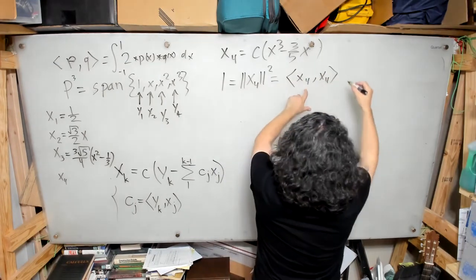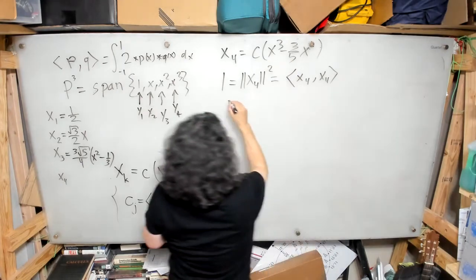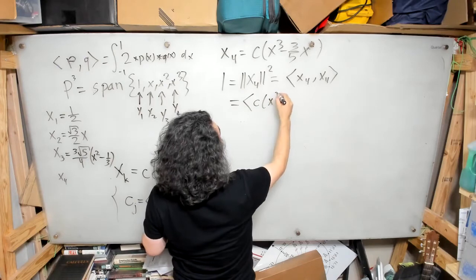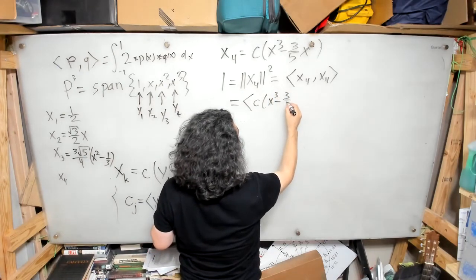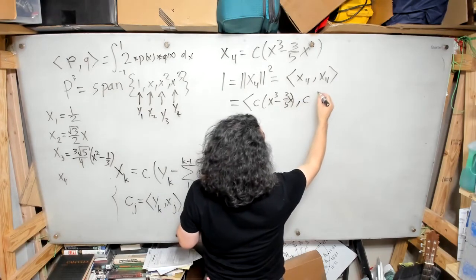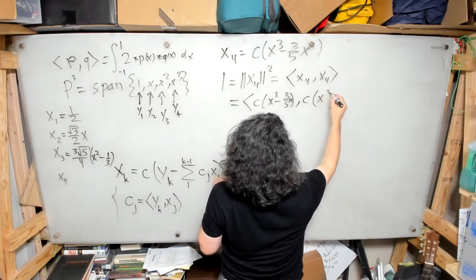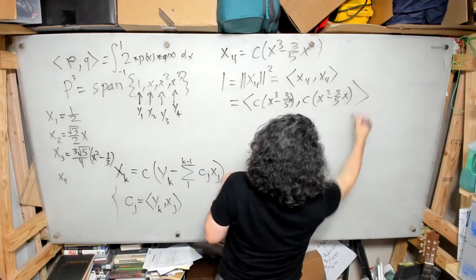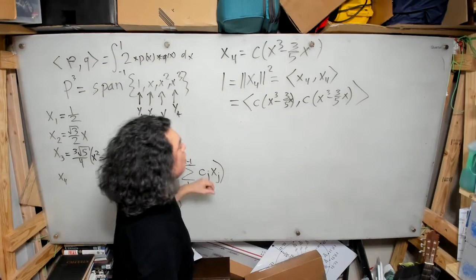But what is x to the 4th? It's this expression here. So I want to find the inner product of c times x cubed minus 3/5 x with itself, which is c times x cubed minus 3/5 x. Like this. How do I do that?